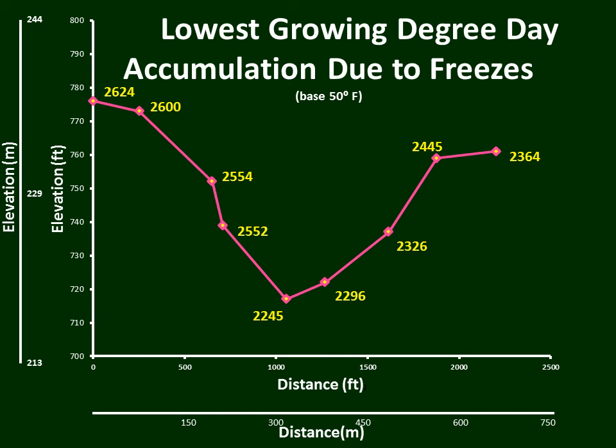Okay then, to finish up the growing degree day story, if we take the lowest growing degree day accumulation in any year of the 11 years, the coolest year still had on this north side of the valley about 2,600 units, and that is adequate to ripen a crop, if not ideally, at least fair. And just slightly less satisfactory as we go down that south-facing slope on the terraces.